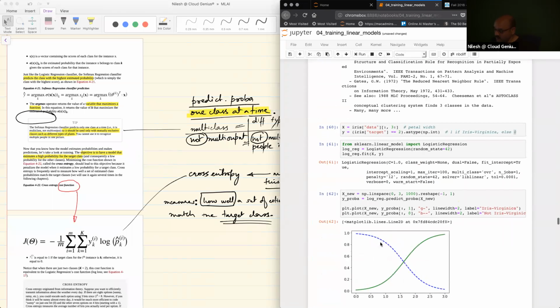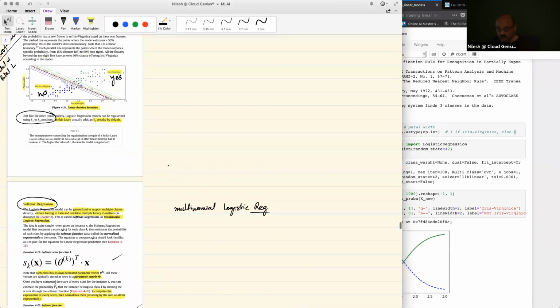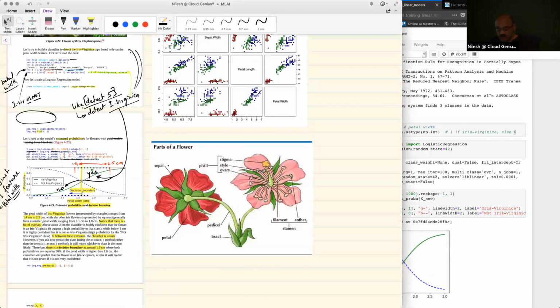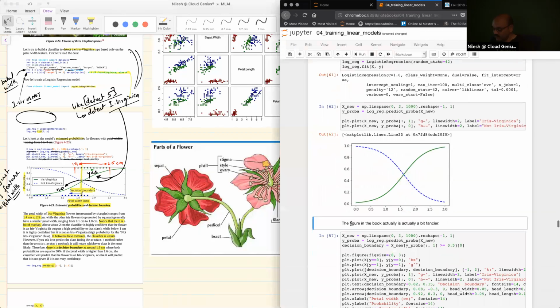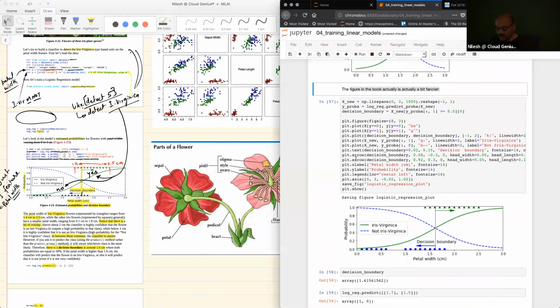So this is the graph that you saw in the book also, the one that shows you the decision boundary in a single dimension. The figure in the book is actually a little bit fancier, because matplotlib has output more parameters to illustrate the picture better.